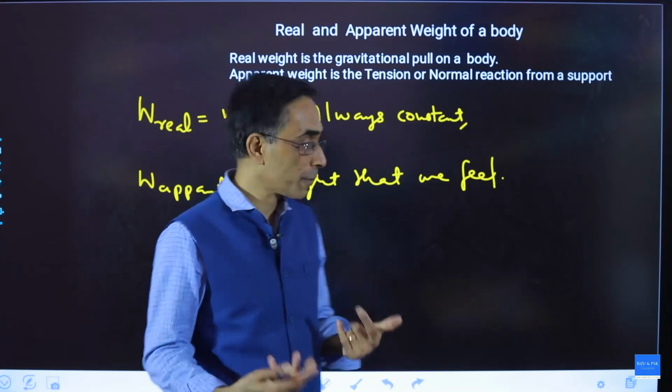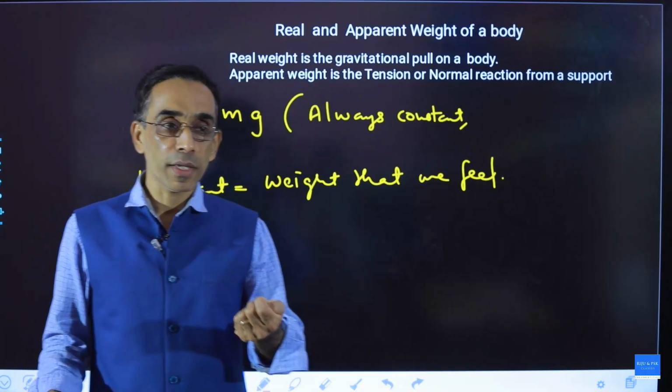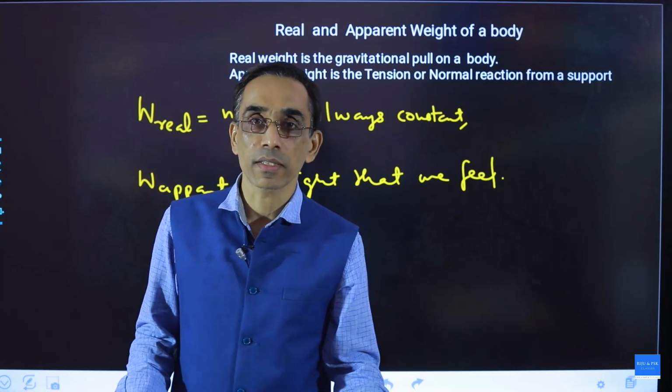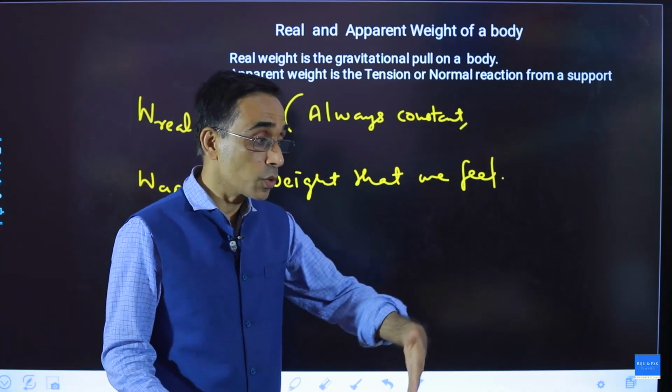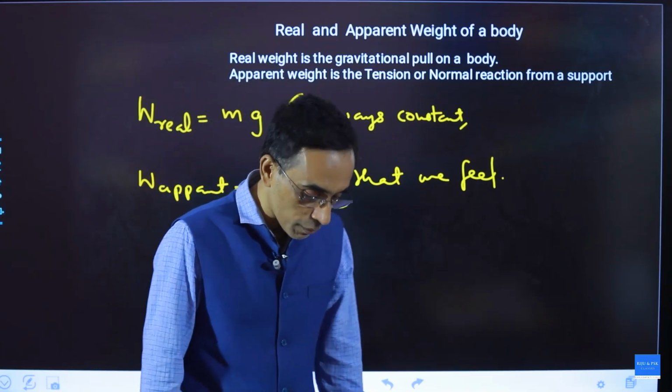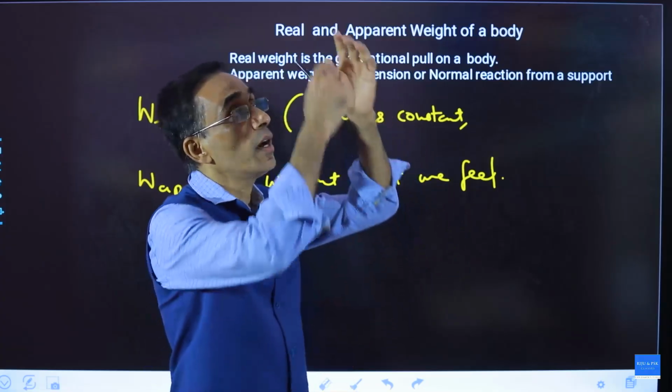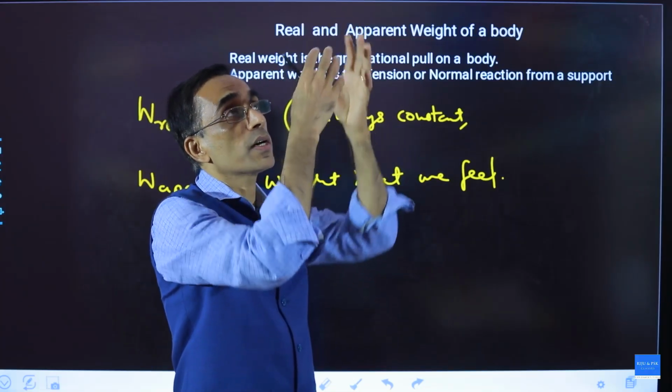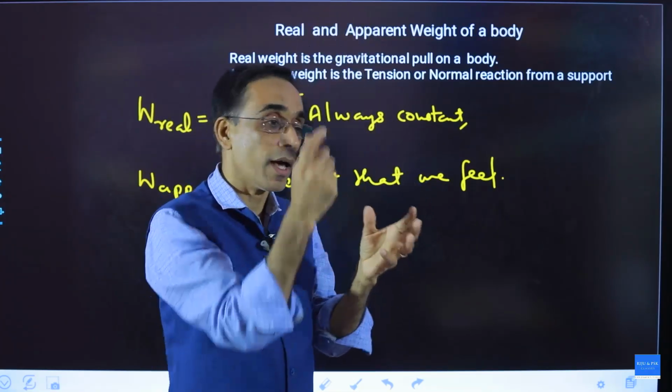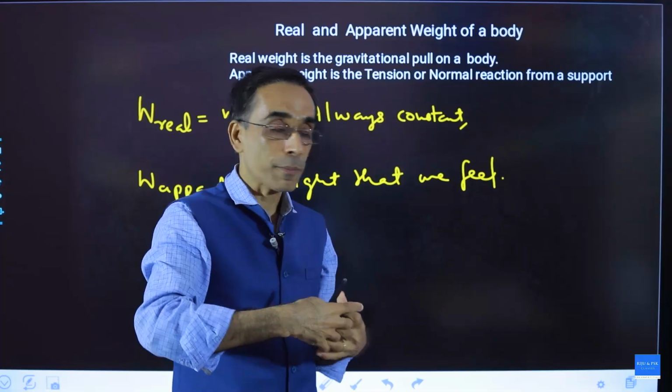What is that weight? Sometimes if you go to a doctor, he will take your weight, right? He'll ask you to stand on the weighing machine, and you'll take your weight. And sometimes there is something called a spring balance, you can hang a body on the spring balance and you can see the weight. Okay.